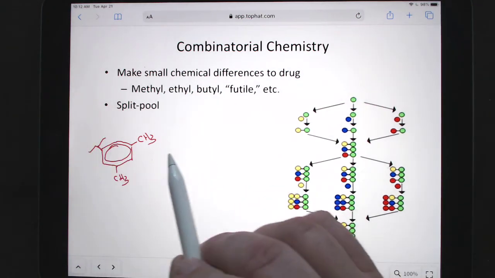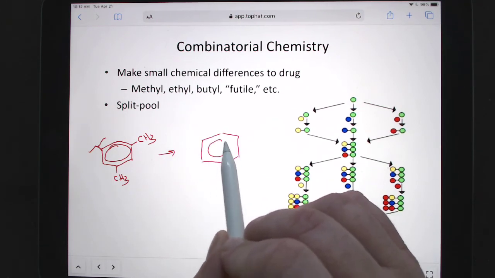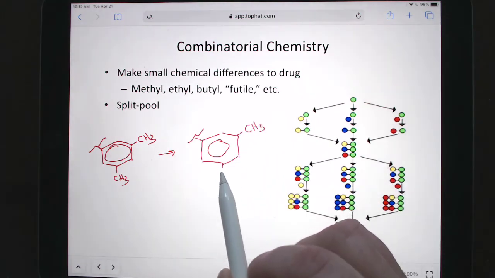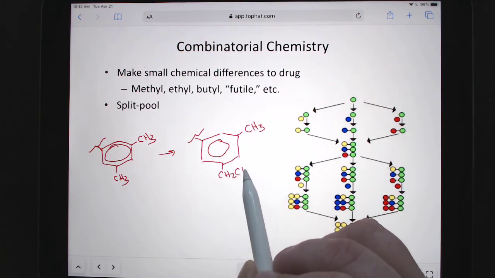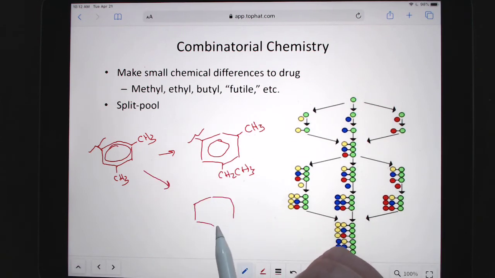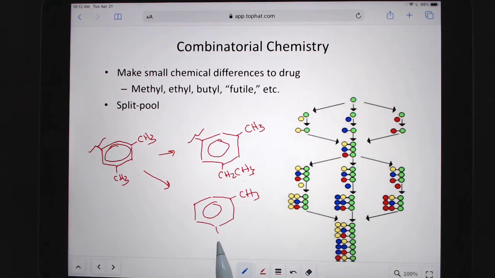Well, what happens if we instead put an ethyl group here? How does that change things? Or if we put a butyl group.